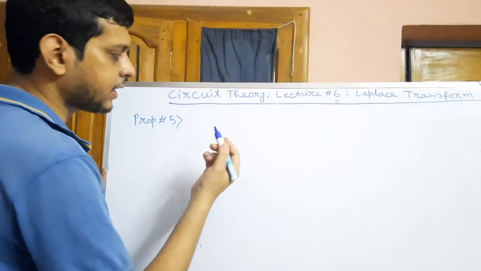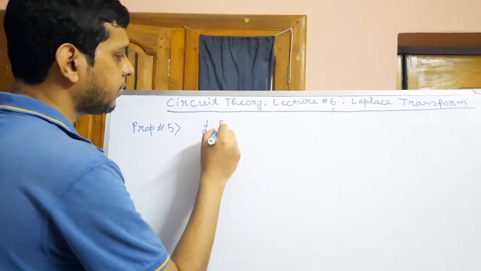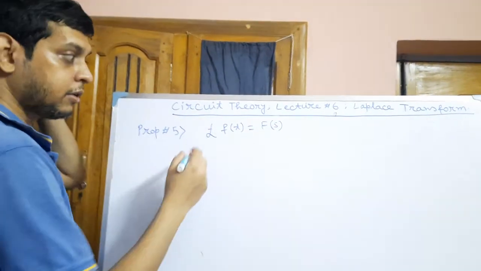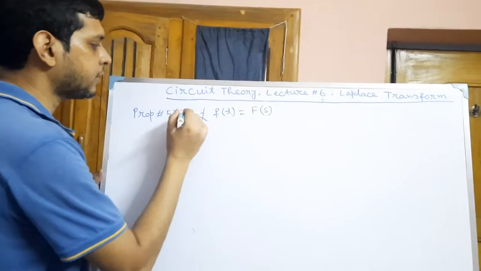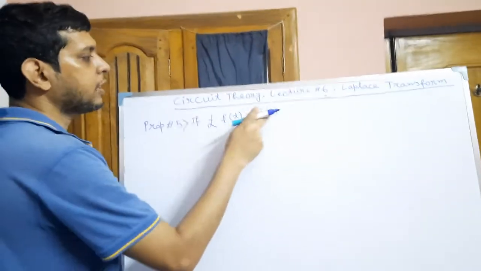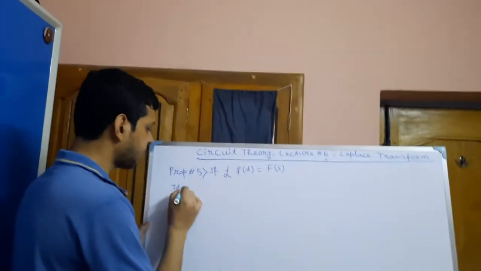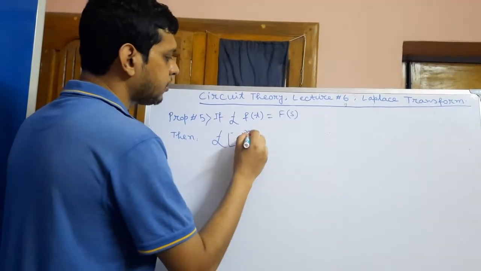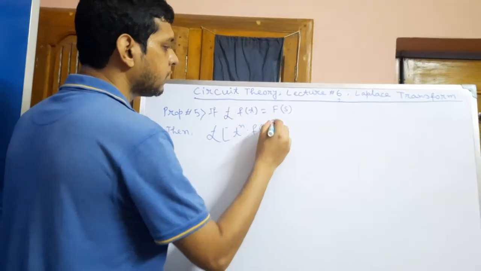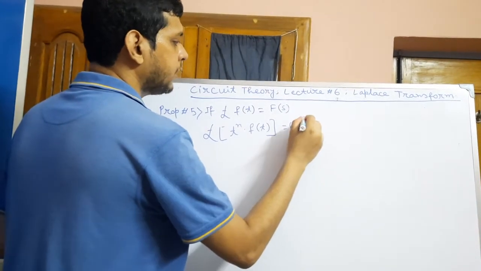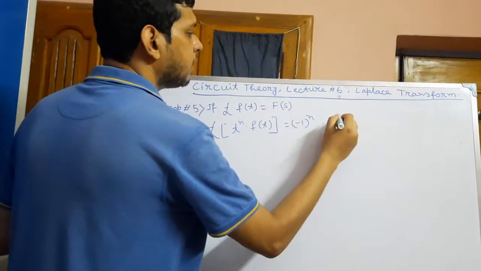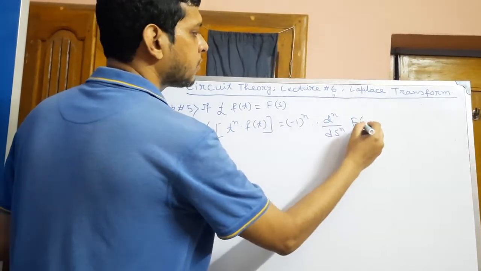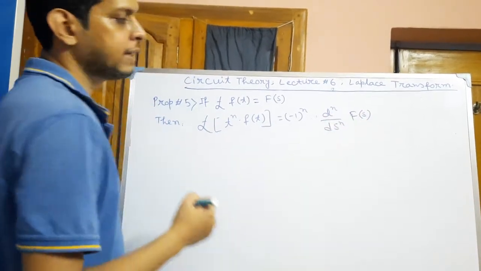Property 5 tells us that if ft and fs are Laplace transform pairs, that is Laplace transform of ft equal to fs, then Laplace transform of t to the power n ft equals minus 1 whole to the power n times the nth derivative of fs with respect to s.